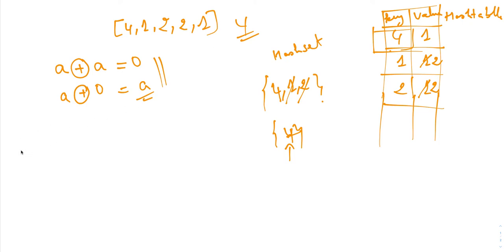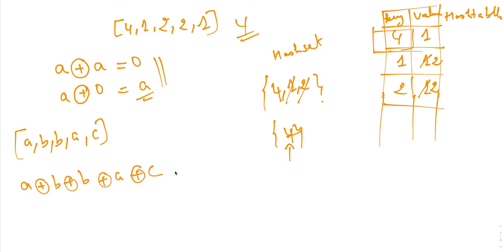So in our case, imagine that in our array we had A, we had B, we had B, and we had A, and we had C. We're going to XOR all these elements, okay? So A XOR B XOR B XOR A XOR C equals to what?